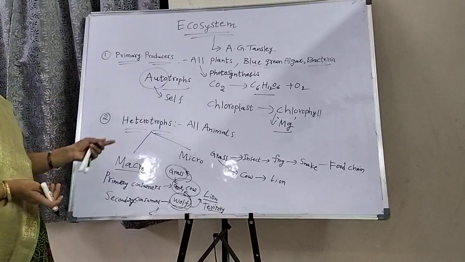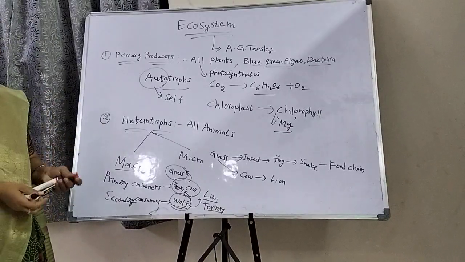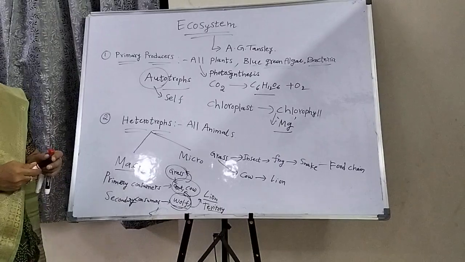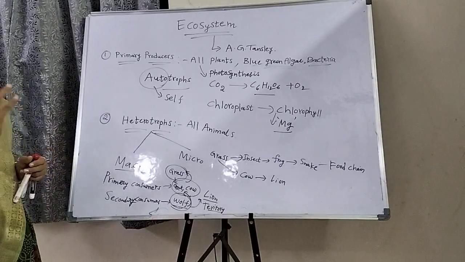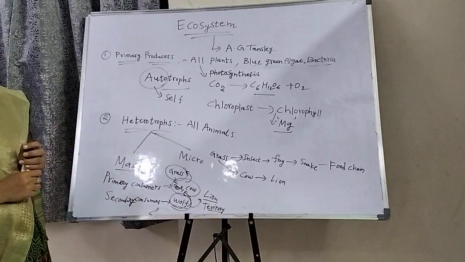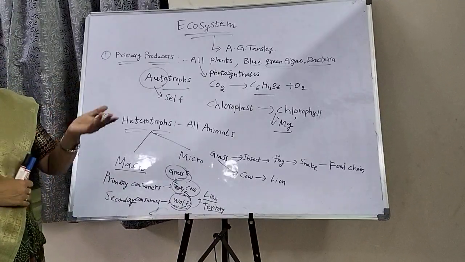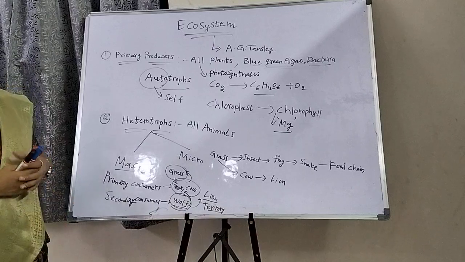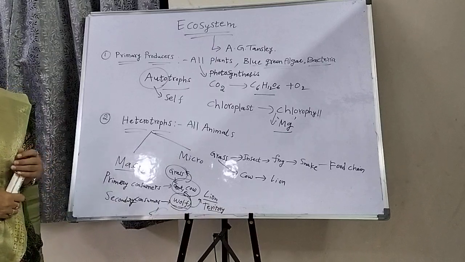Another one is the saprophytes. Saprophytes are organisms that are dependent on another organism. That means saprophytes live on dead and decaying matter.